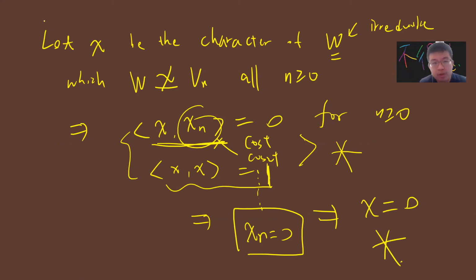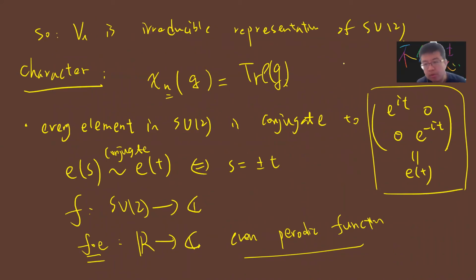That means each irreducible representation of SU(2) will fall into one of these constructions. Okay, so this is the proof. See you in the next video. Next video we talk about some basic Lie algebra and the representation of sl2(C), and I will give a very short introduction to Lie algebras. See you. Bye bye.